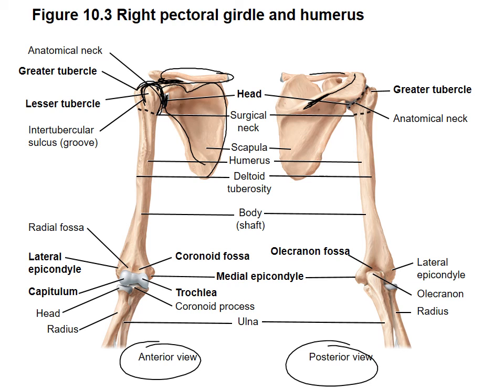You have the head of the humerus, which is actually underneath there, and then you have what's called the anatomical neck, which is where this dotted line is here, and then you have what's called the surgical neck, which is here.